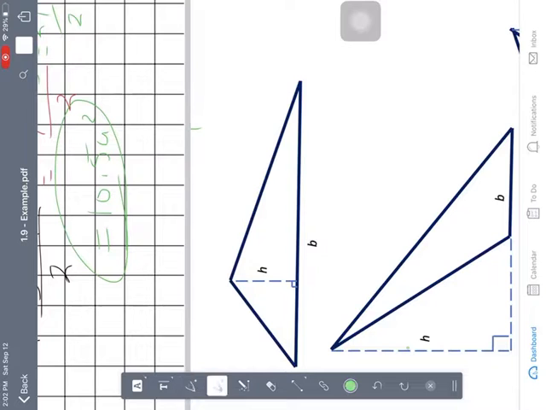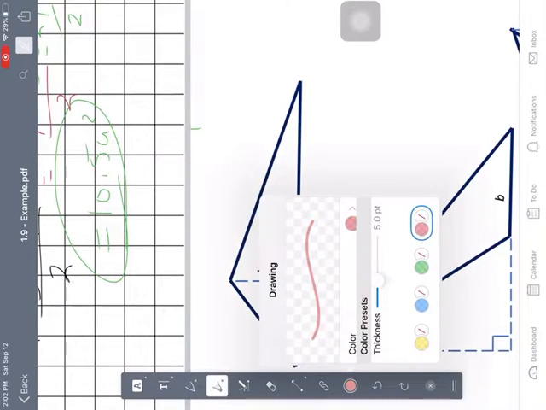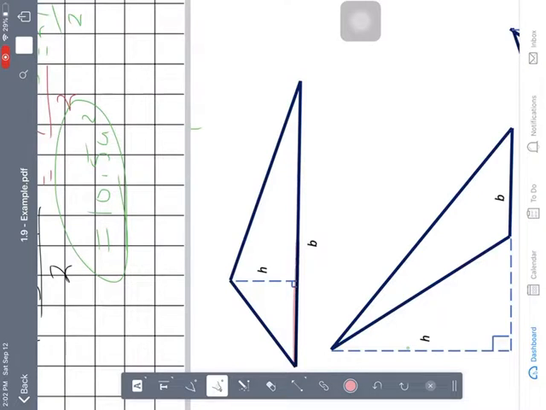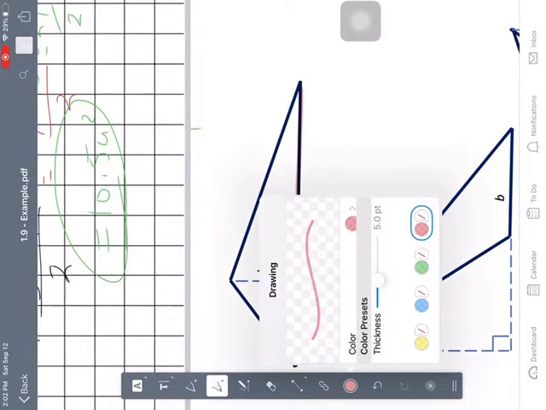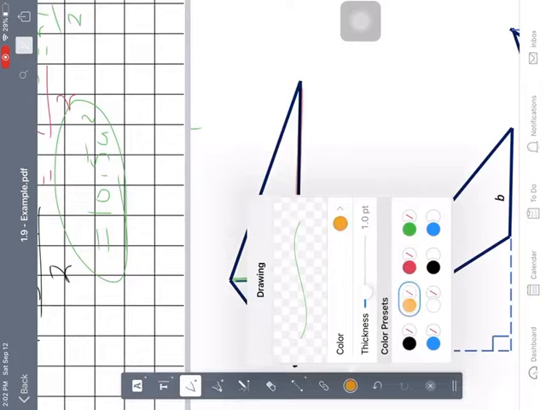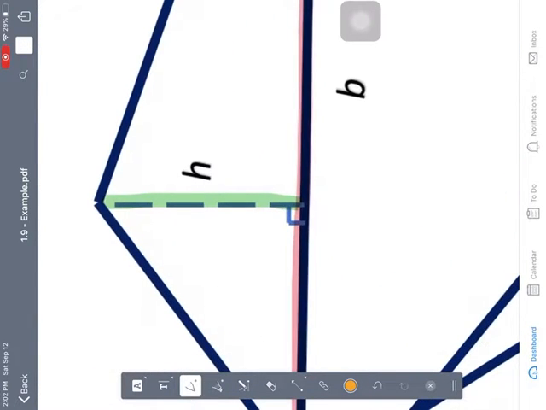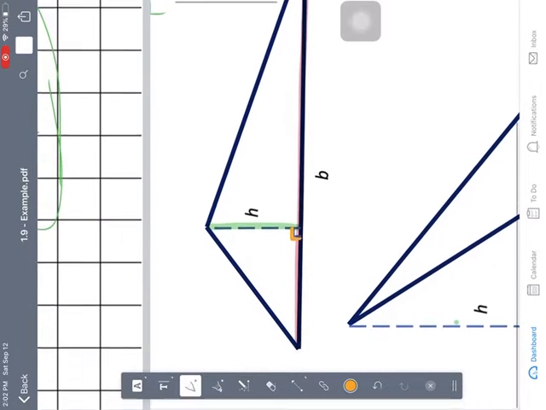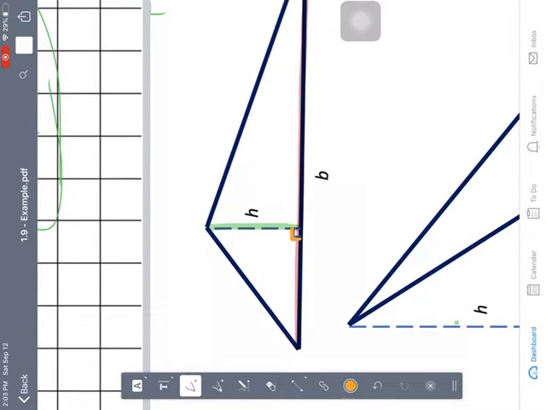So as you can see, I am using this as my base, and then my height is right here. And once again, that forms what I need: this nice perpendicular, right angle, 90-degree angle between my base and my height. I have to have a 90-degree angle between my base and my height.